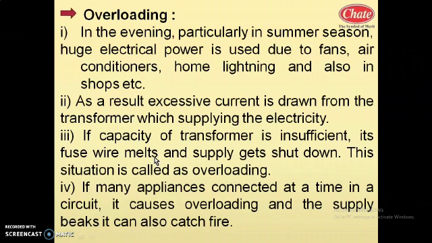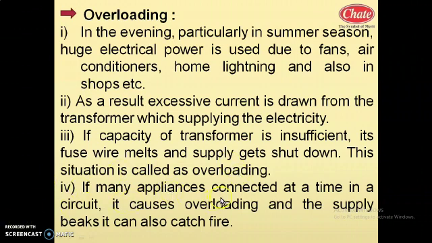As the current increases, by the heating effect of electric current, H equals I squared R T, the more current flows through the circuit, so the fuse wire of the transformer melts and the supply gets shut down. This situation is called overloading. So this power failure in summer is generally due to overloading.